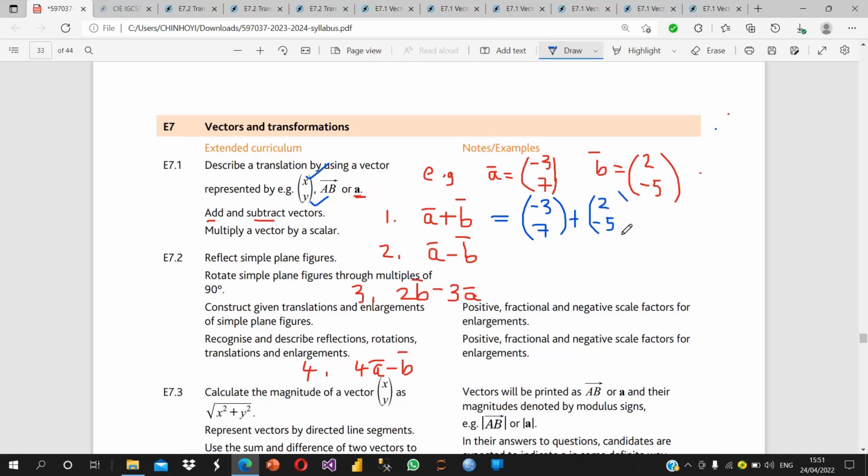Maybe you have forgotten to pause the video. Can you try to solve this one for me? What did you get?